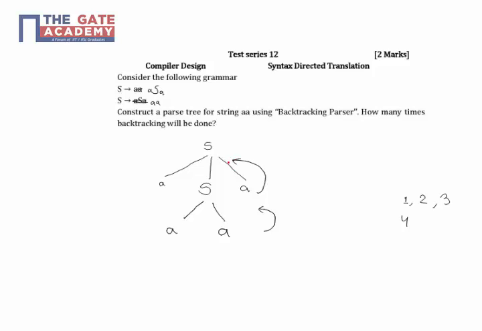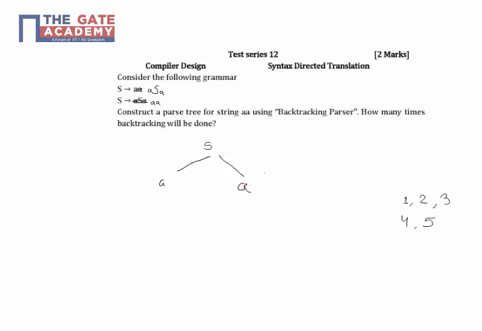That means again I will have only one capital S at the top, and the other option from that capital S will have to be chosen. So till now we have done backtrack number 5. After these backtracks I'll have only capital S in my parse tree like this, and from this capital S now I'll have to apply this AA.